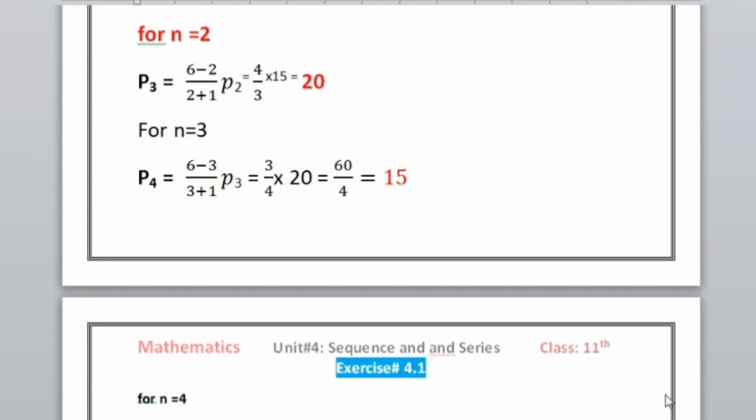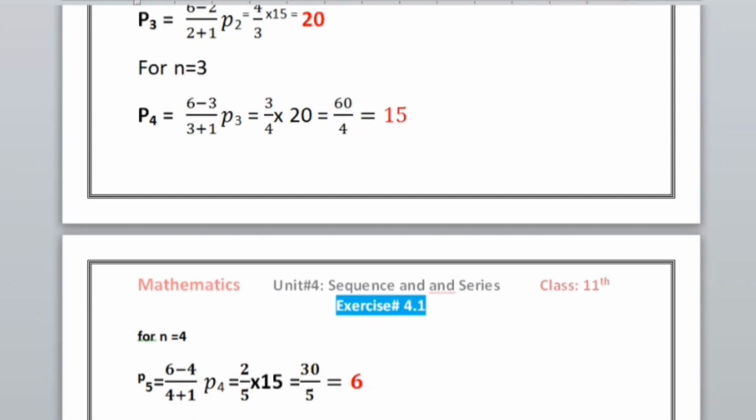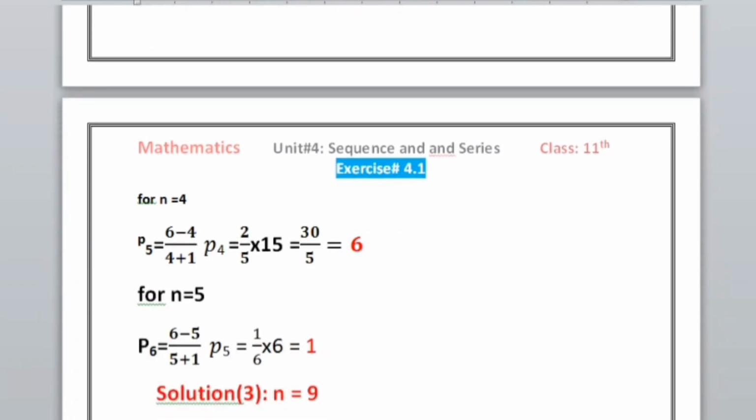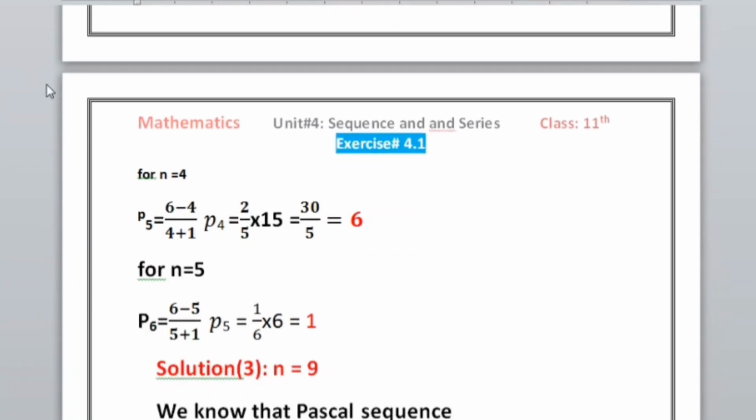So next, for n is equal to 4, p5 is equal to (6 minus 4) divided by (4 plus 1) times p4, which is equal to 2 divided by 5 multiply 15. 15 2s are 30 divided by 5, 5 6s are 30. So p5 is equal to 6.